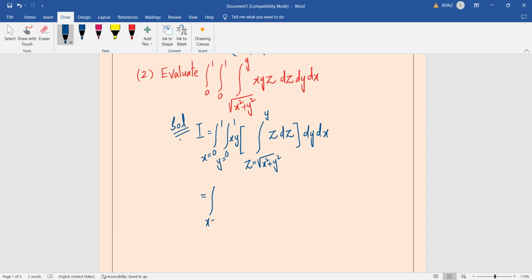Now what is the integration of z? z dz, power is 1. Z square by 2. Exactly, z square by 2.